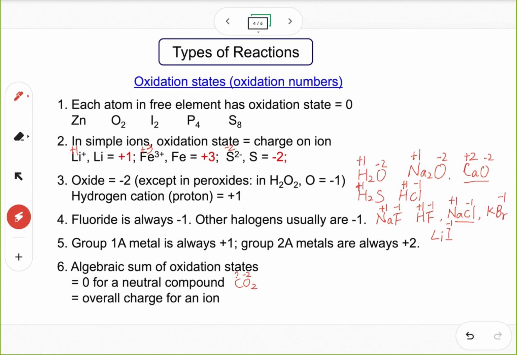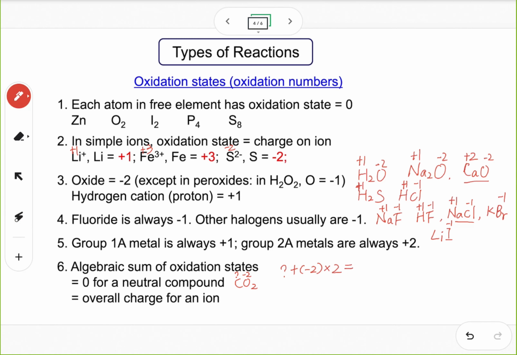According to rule number 6, this is a neutral molecule, so the sum of the oxidation states of carbon dioxide should be 0. That means question mark plus -2 times 2. This -2 is the oxidation state of one oxide, and this 2 is the two oxides in carbon dioxide.